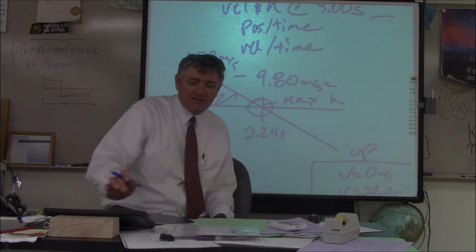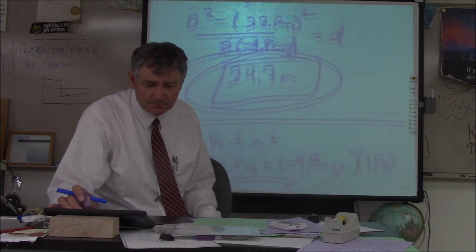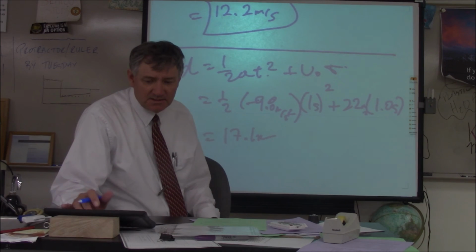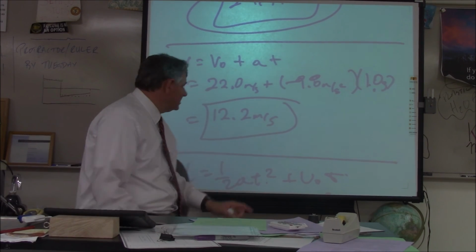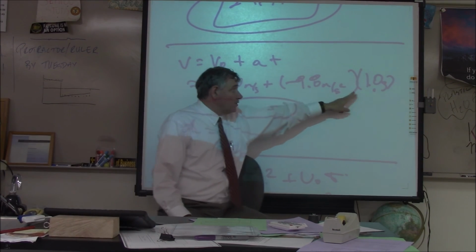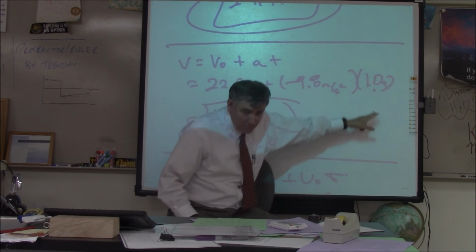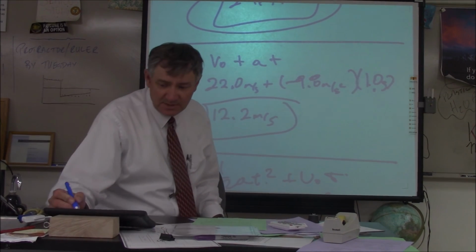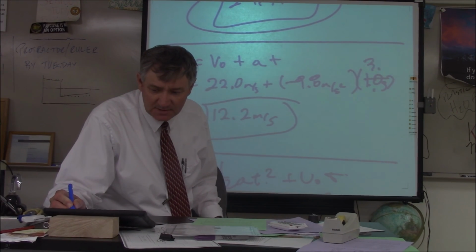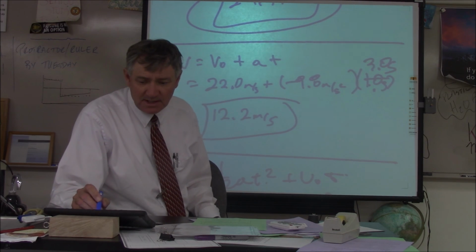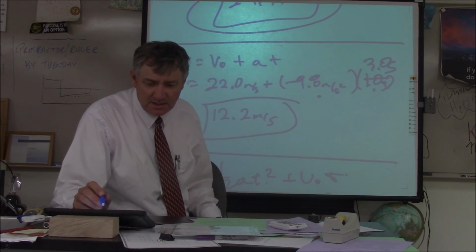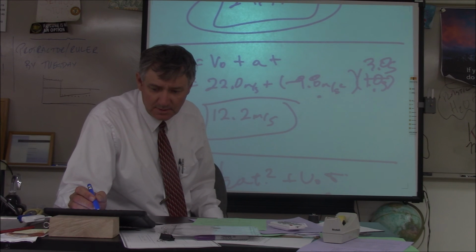So the only thing different that we're going to do to find that velocity, instead of 1 second, what are you going to put in? 3. I'm going to put in 3 seconds. That's the only thing that's going to change. So somebody take negative 9.8 times 3 and then add that to 22.